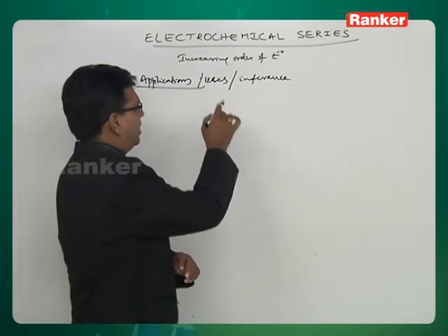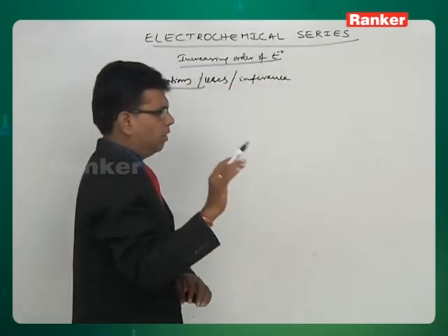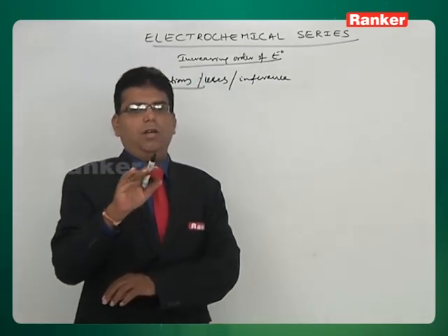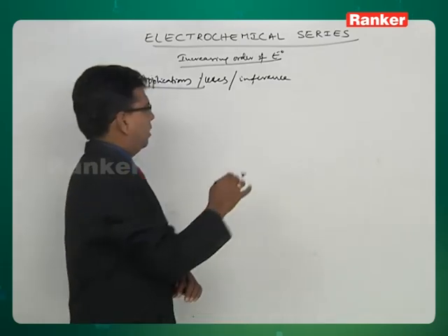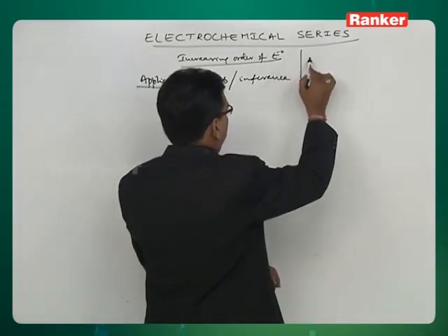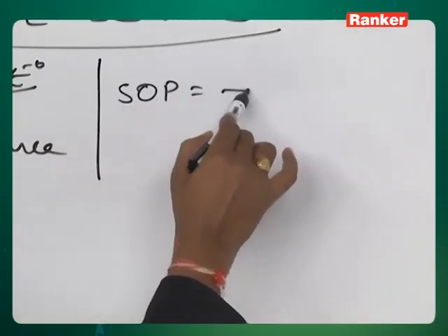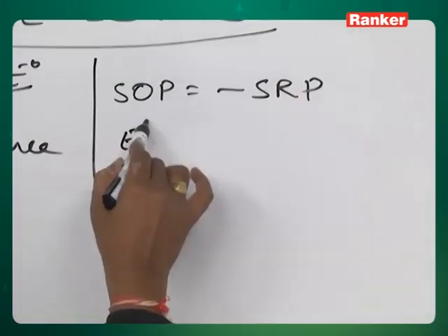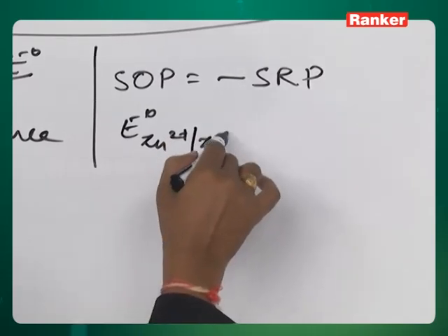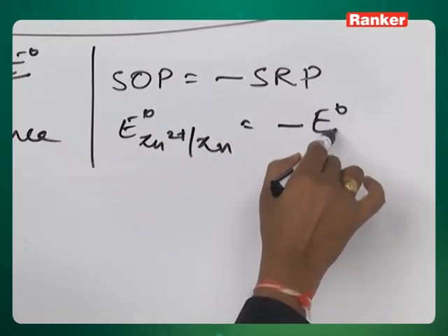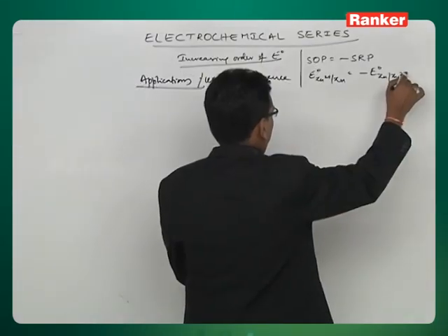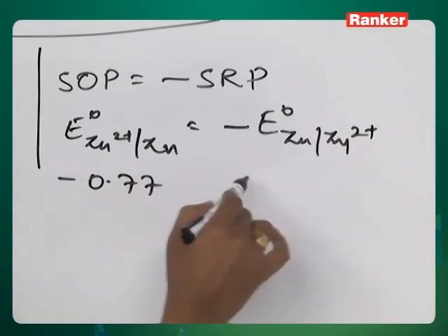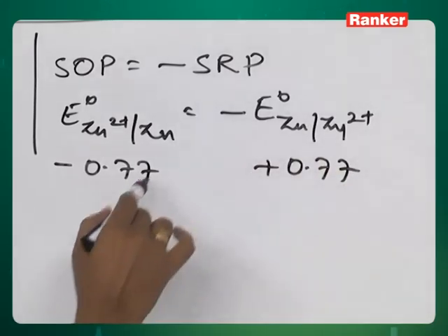When elements are arranged in increasing order of E naught values, remember always that it is important whether we are writing in increasing order of SRP or increasing order of SOP. For any element, SOP is minus of SRP, that is always to remember, meaning E naught Zn2 plus, Zn will be equal to minus of E naught Zn, Zn2 plus. This value is minus 0.77, this value is plus 0.77 volts.